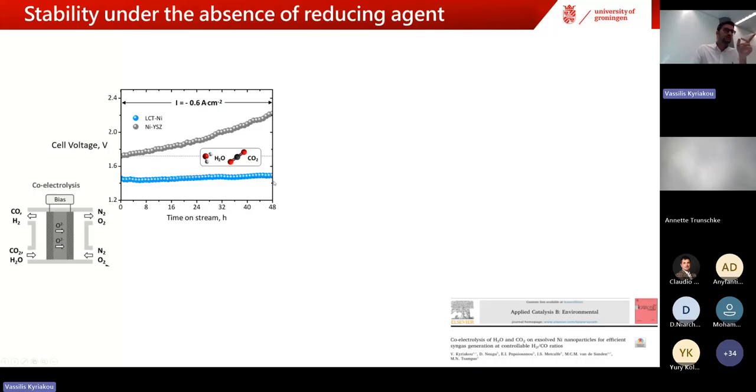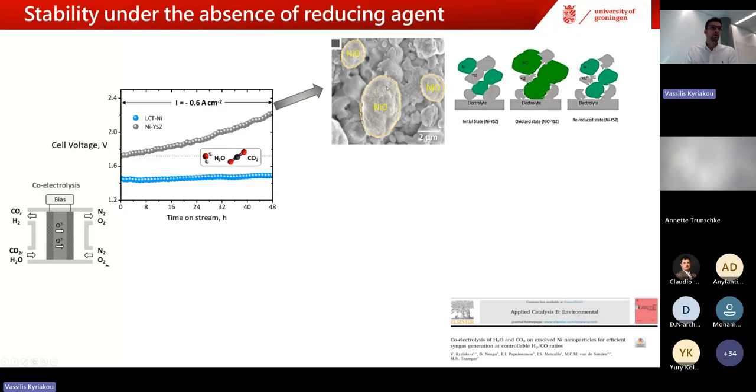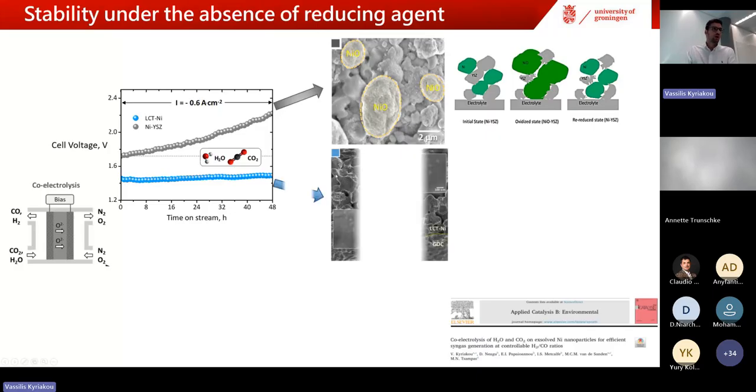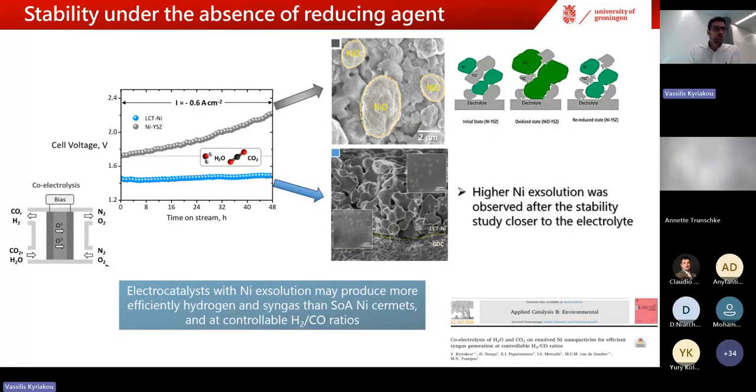The blue curve is the titanate with the exsolution, and the gray curve is the nickel YSZ. Of course, when you have the nickel YSZ without the safe gas, you start having these large clusters of nickel oxides that we monitored and found in the SEM. While interestingly, for the titanate with the nickel exsolution, we observed that we had even more nickel nanoparticles closer to the interface with the electrolyte after the finish of the 2-day test.